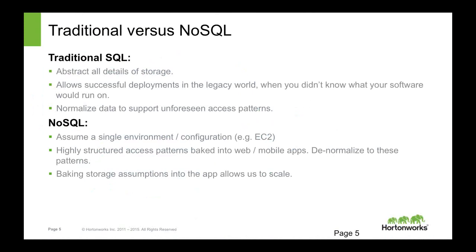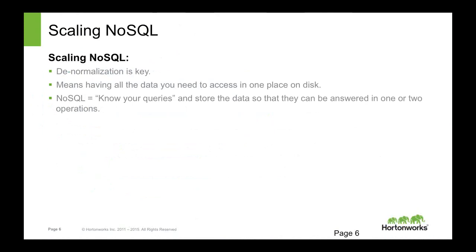The idea that the database system is also aware of how it's being stored on the underlying storage within a cluster also allows it to scale much better. A product like HBase understands the idea of a cluster and how that cluster is organized and arranged, so it allows it to scale horizontally as opposed to simply scaling vertically. And really the key to scaling NoSQL is denormalization.